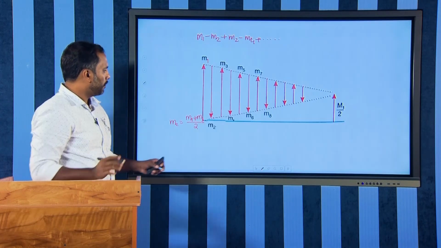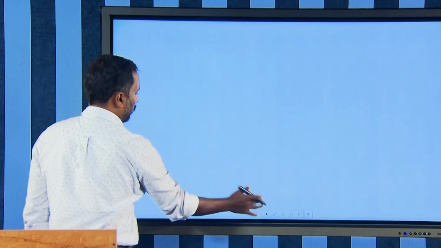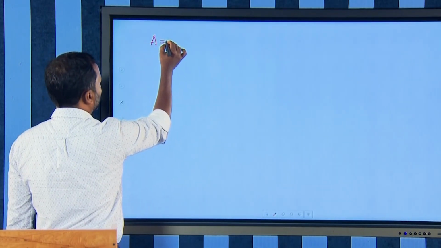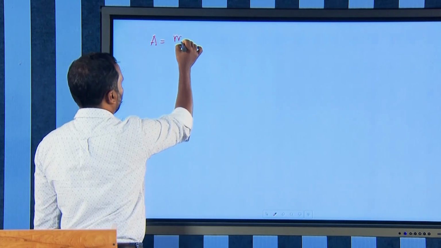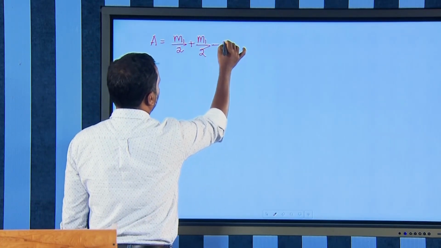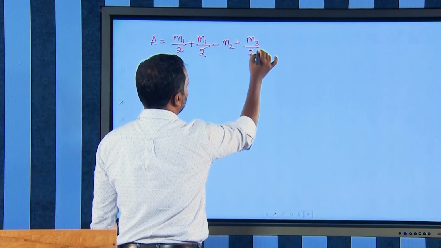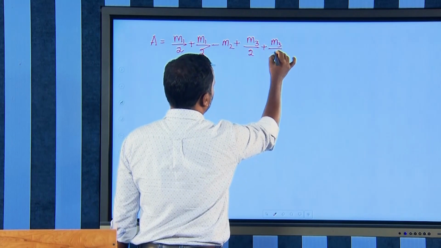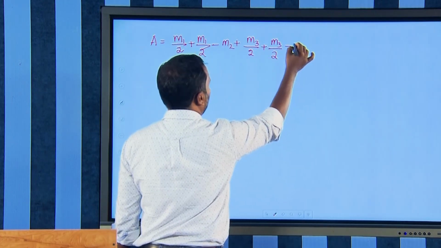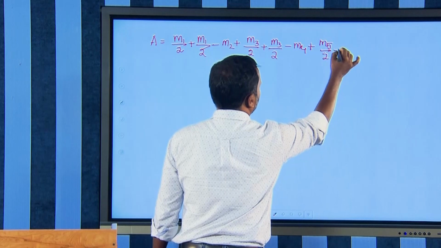And again, this is the resultant amplitude A. So I can write A is equal to, now M1 I am splitting into two, that means M1 by 2 plus M1 by 2, then minus M2, then M3 I am just writing by splitting it, M3 by 2 plus M3 by 2, which will give you M3 itself, then again minus M4, and plus M5 by 2 plus M5 by 2.